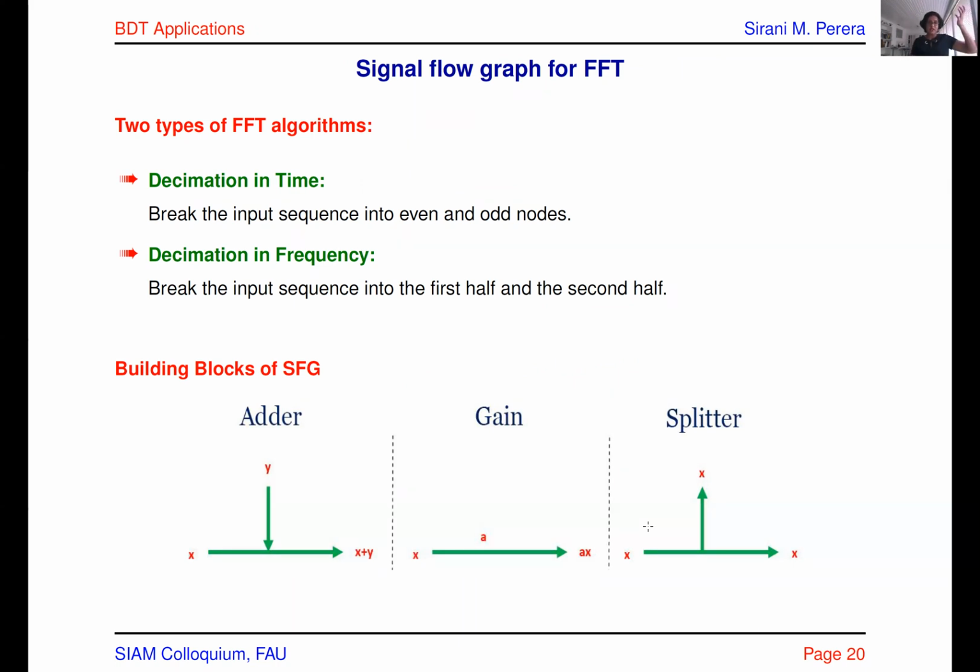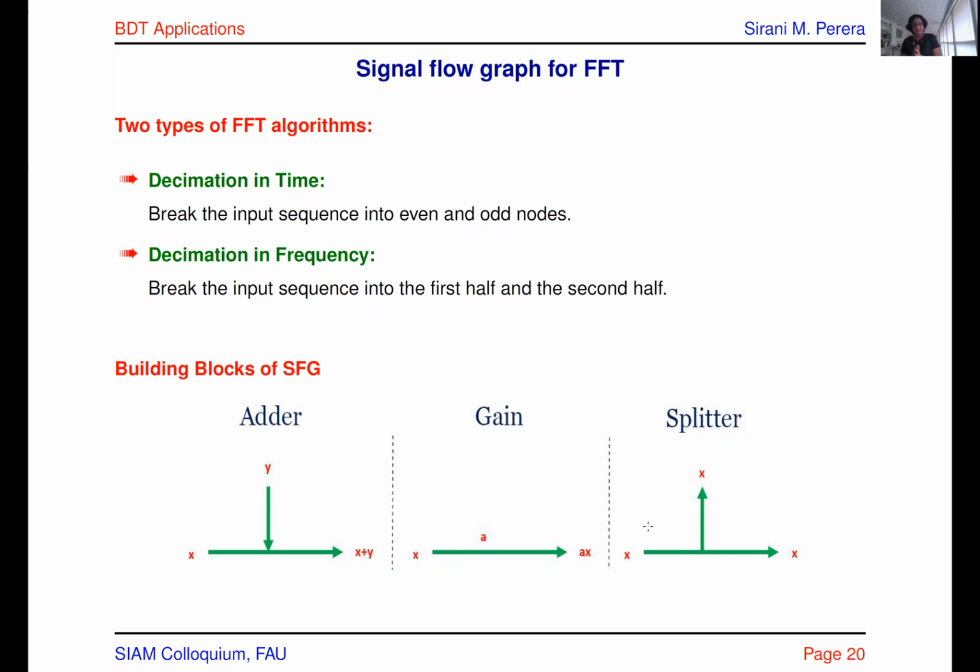In decimation in frequency, your input signals are in order, and the output signals are in bit reverse, or whatever permutation of the order. And in decimation in time, the input signals are in bit reverse, or some scrambled order, and the output signals are in order. The nice thing about decimation in time and decimation in frequency is that if you know how to draw the signal flow graph in one domain, you can draw it in the other domain, which is simply the reverse of the flow design.